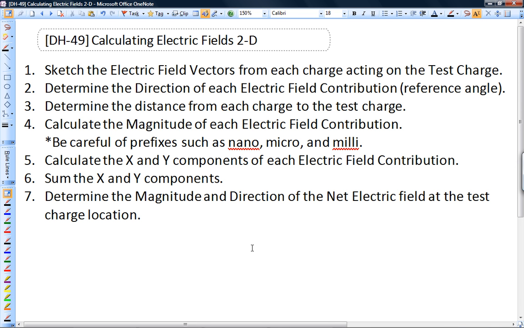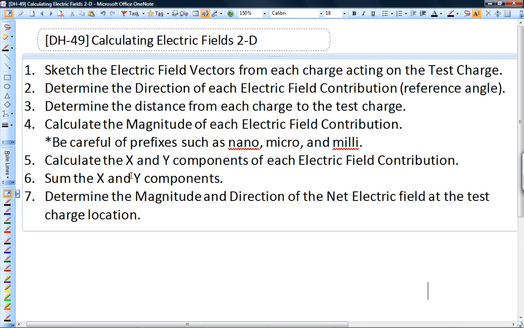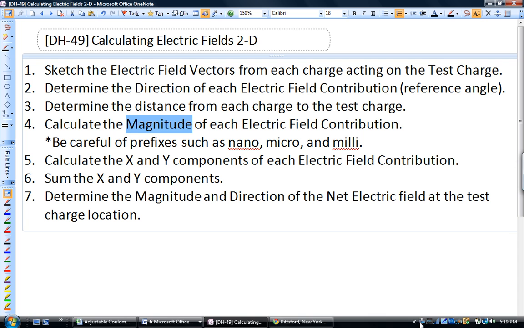Then we're going to have to figure out the direction of each of those vectors. We're going to have to figure out the distance from the charges to the test charge. We're going to calculate the magnitude of the electric field. That's a typo, this really should be electric field. Let me go ahead, pause, and change that.